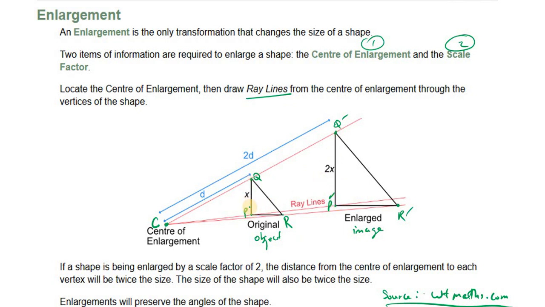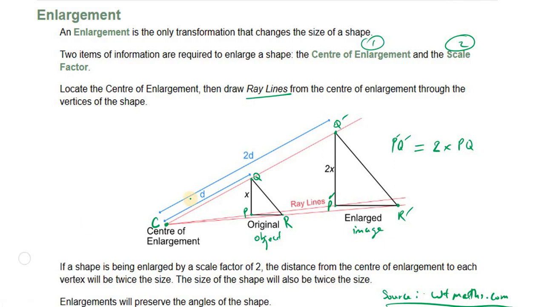If this length here is 15, then this will be twice that amount, which would be 30, 2 times 15. So as we can see in this illustration, P prime to Q prime is equal to 2 times the length of PQ.